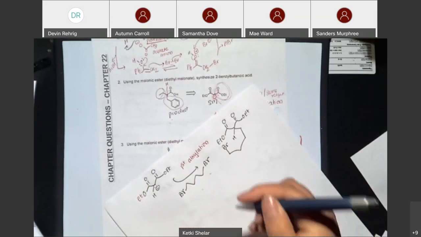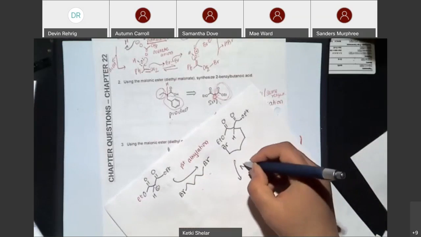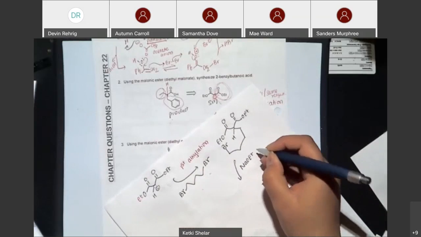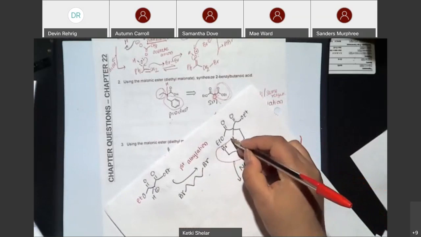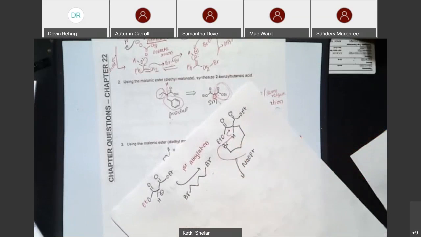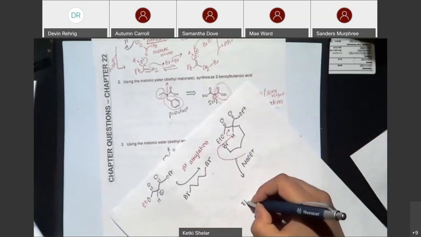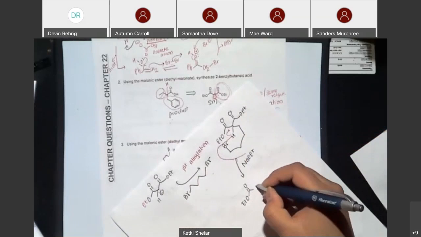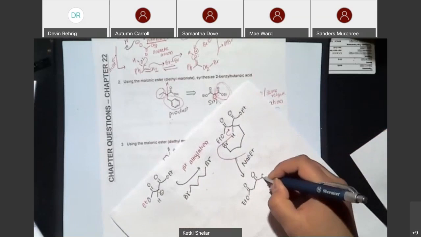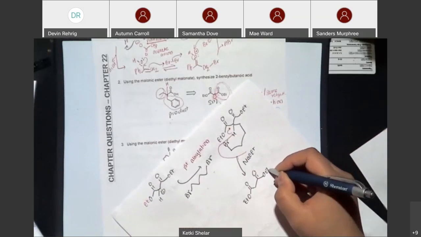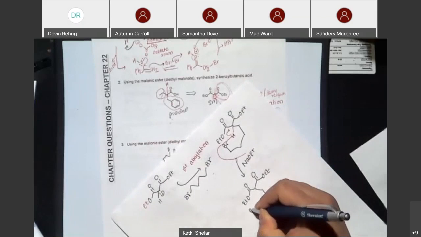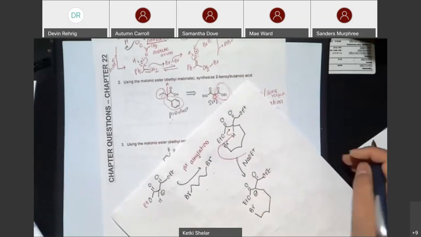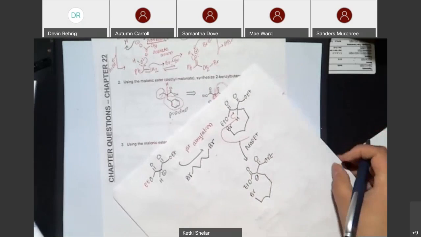Later, we will again add sodium ethoxide. So what it will do, it will pluck the hydrogen, remove it here, and will form what? What will it form? Anyone from the audience? It will form an anion, right?